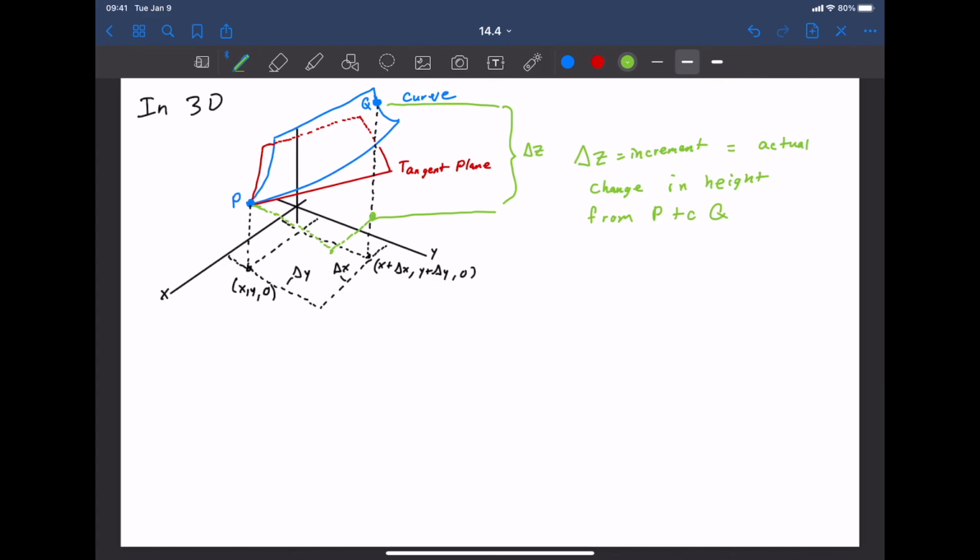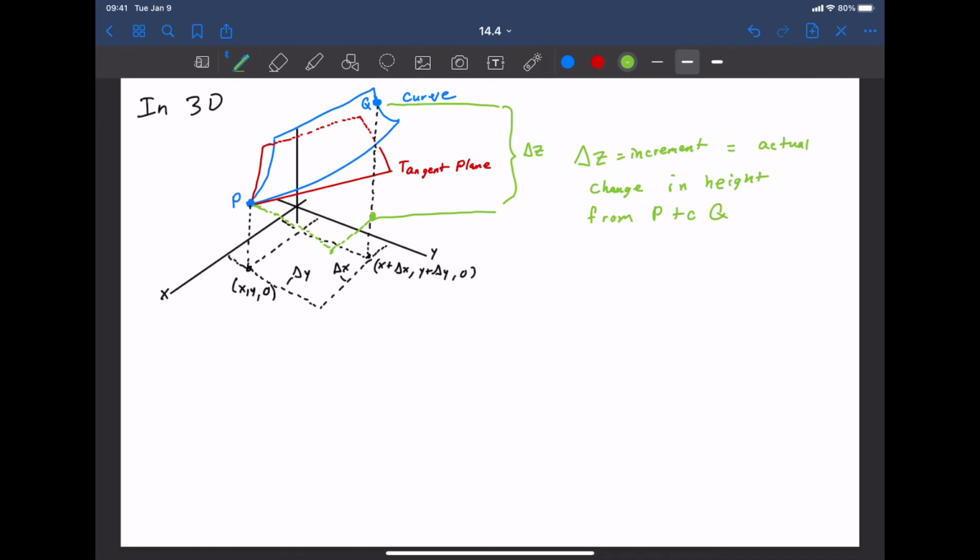That's how much the z coordinate changed. And again, I drew it really large. You could picture it's really small. We're just really zoomed in. You can just say, well, I really messed up the drawing. Obviously, that's true. But that's what we're talking about. That's the change in height.